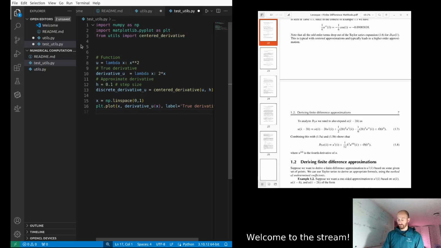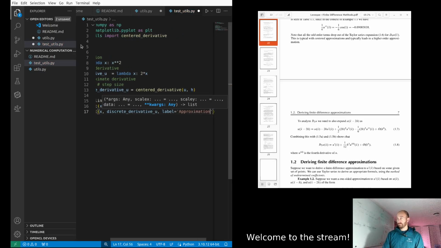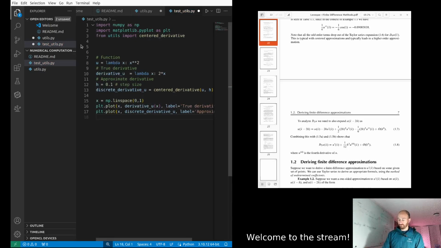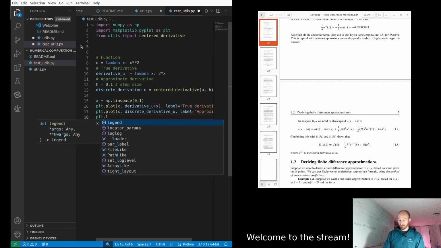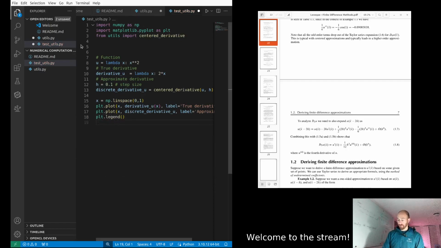And then we're going to plot x and the discrete derivative, and we're going to label this approximation. Now we maybe put a legend, and then plt.show. And now we're ready. We save this, and we can run it.